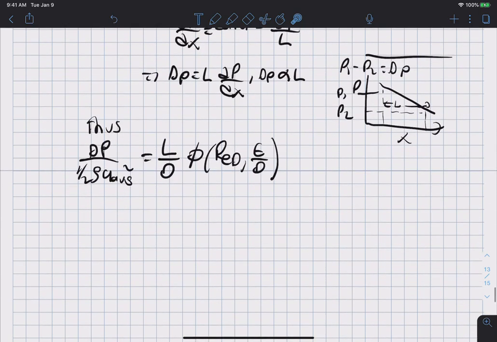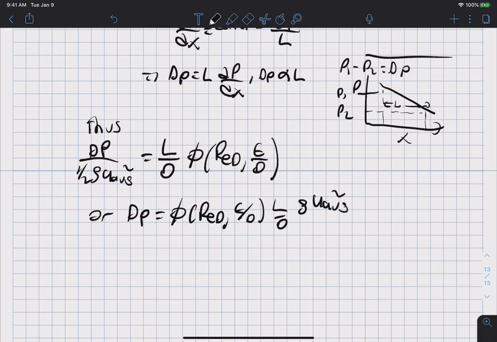So now we know delta P equals phi of Re_D, epsilon over D, times L over D times rho U averaged squared over 2. And this phi is just f, the Darcy friction factor.